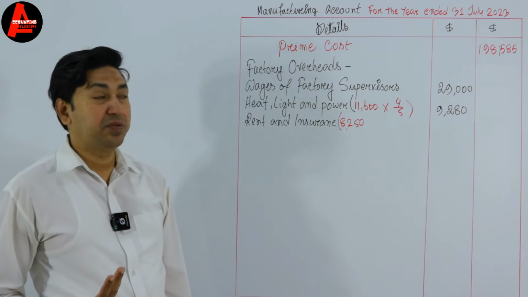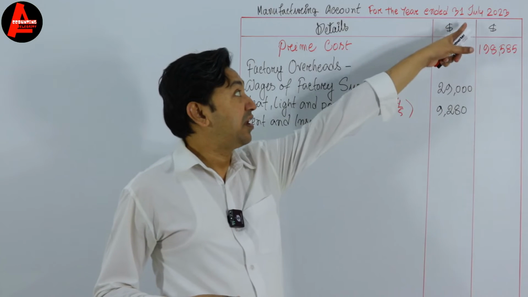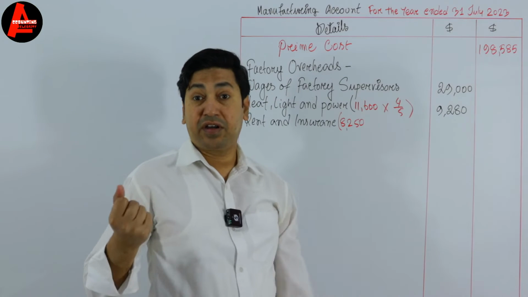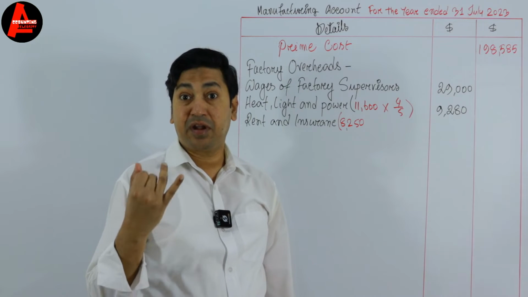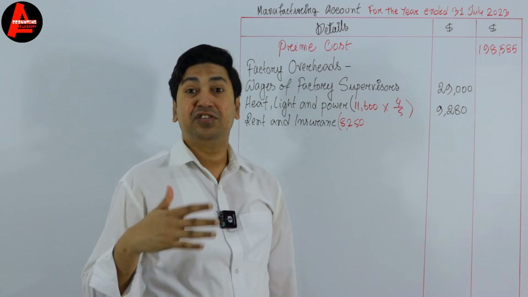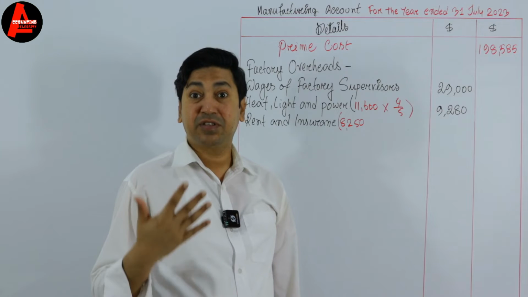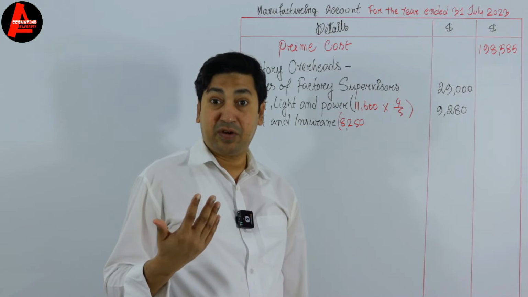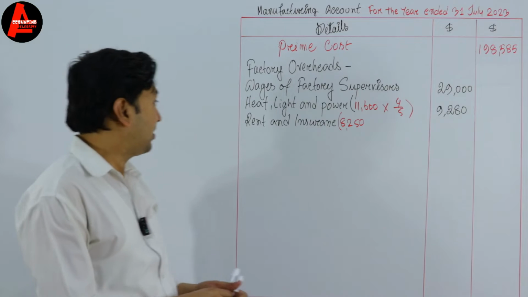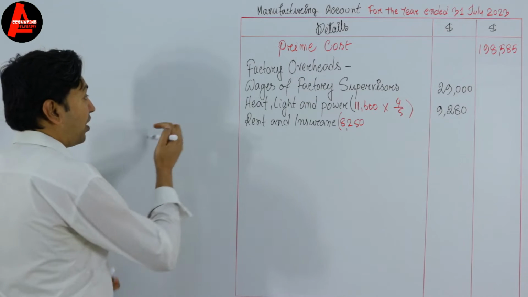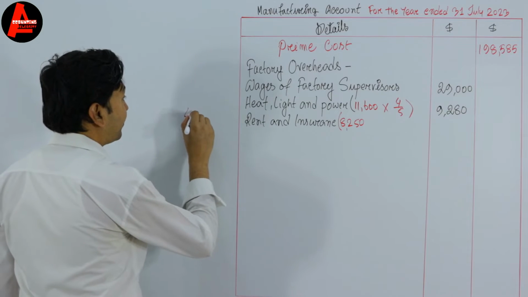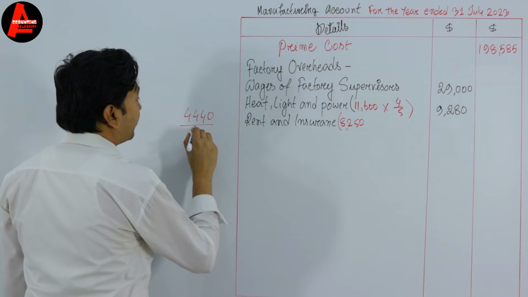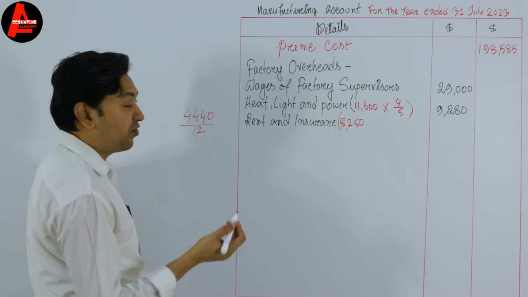For how many months did we pay in advance? July is finished, so from August to December: August, September, October, November, December. So we paid in advance for 5 months. Now we need to calculate the advance amount for 5 months. We paid $4,440 for 12 months, so how much will it be for 5 months?